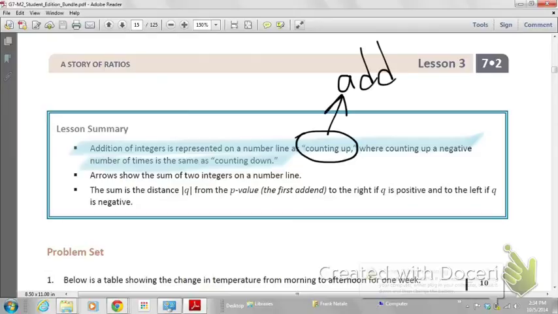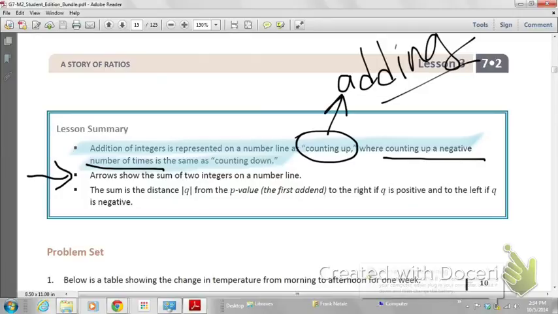And counting down is subtracting in that sense. So if you're counting up a negative number of times, which sounds very strange, you are actually adding, but you are moving in the opposite direction. You are counting down. Why they are emphasizing that is not very clear to me yet, but maybe we will see that in the future, and maybe we'll have to refer back to this.